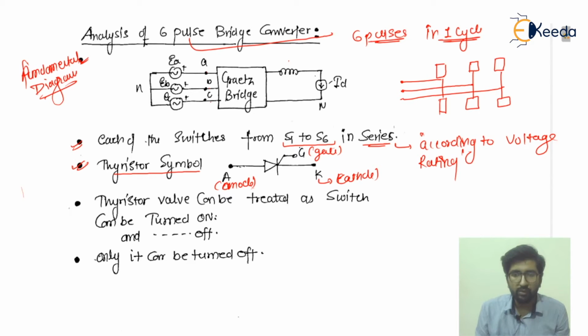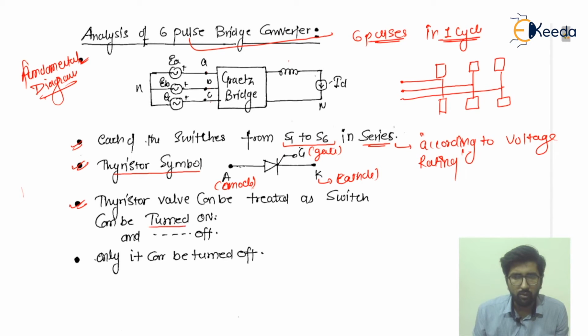Now we will move to the next point. It is saying that the thyristor switch shown above can be treated as a switch. The main function of a switch is that it can turn on and turn off.